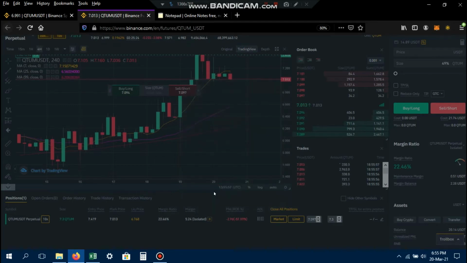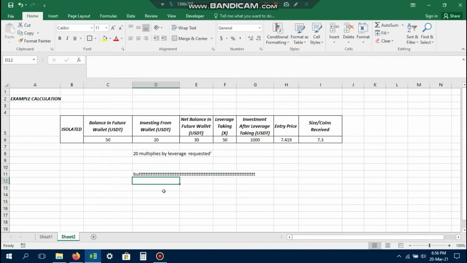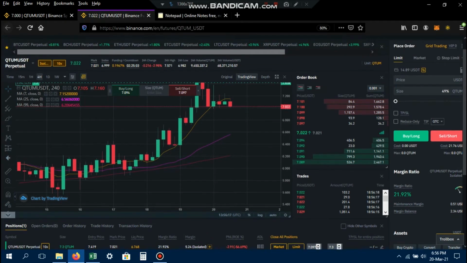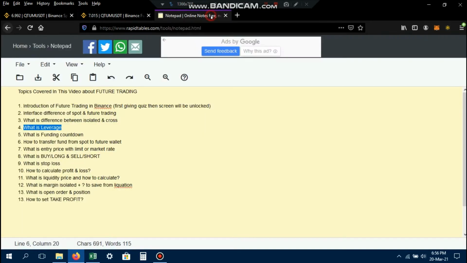It depends on you: if you have the courage and the big wallet, you can take the big leverage, the big profit, and simultaneously can have the big loss also. So I hope you have understood what leverage is.